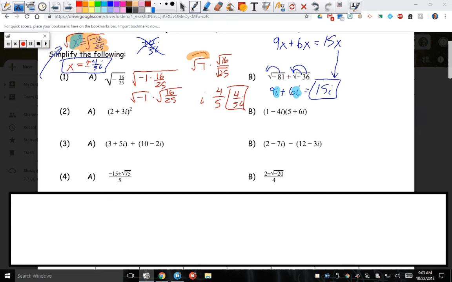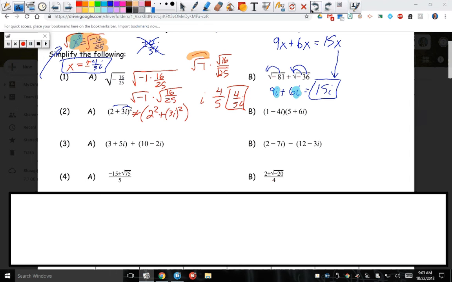Alright, so let's go to number 2, part A. I want to quickly tell you that this is not equivalent to 2 squared plus 3i squared. A lot of people think that you distribute the exponent to both, but you only do that when only multiplication exists between these terms.